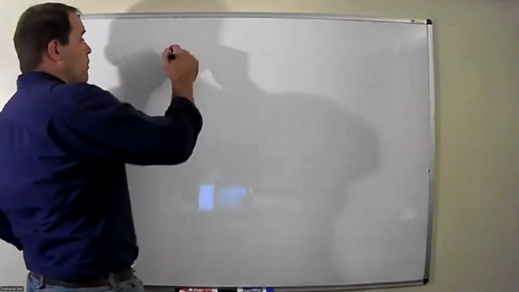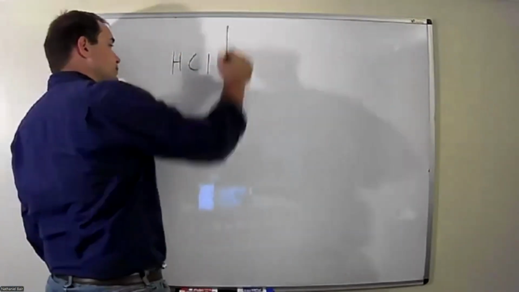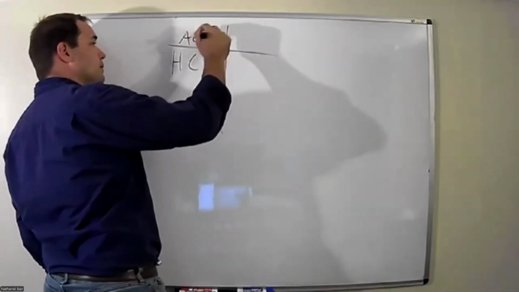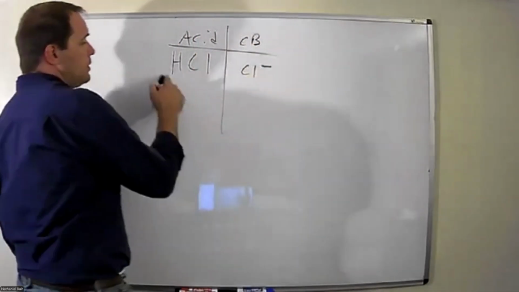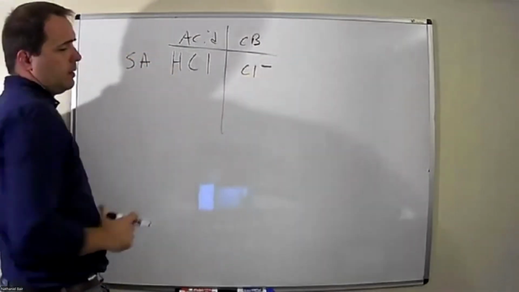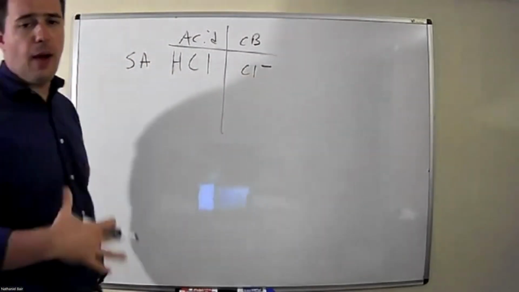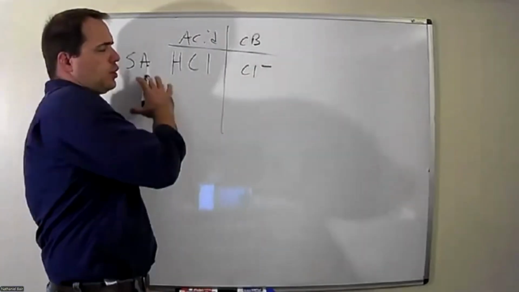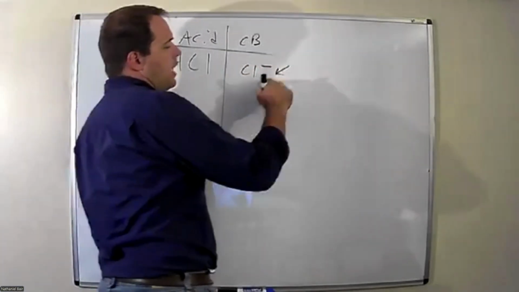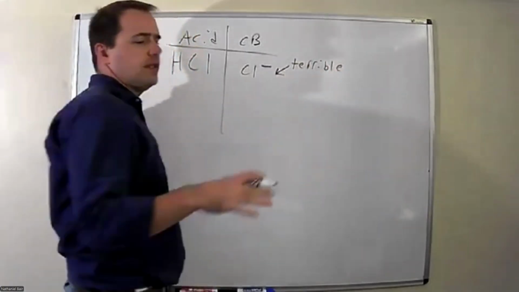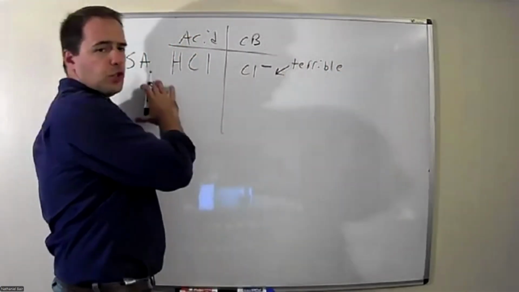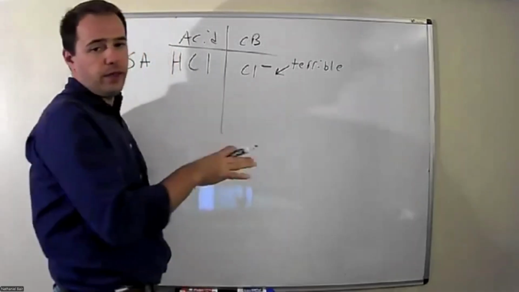So for example, if I have HCl, it's my acid, I want the conjugate base. Conjugate base is chloride. Since this is a strong acid, the conjugate is going to have the opposite strength. So if this is a strong acid, then this is a terrible base. In fact, it's a non-existent base. The conjugate of something strong is insanely weak.